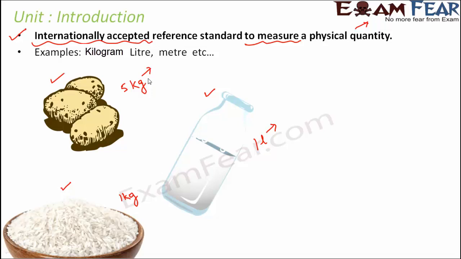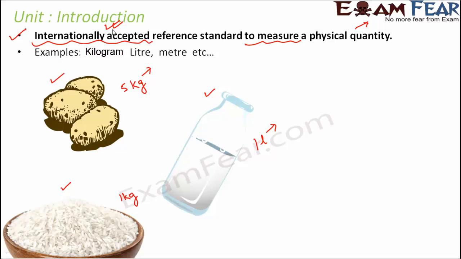Now, why is it important that these units should be internationally accepted? That's because, let's say today you are in India. So in India, when you are going to buy milk, you say, okay, I need 2 liters of milk. What if you go to Europe? There also you want to buy milk. There also they should be able to understand how much 1 liter means.